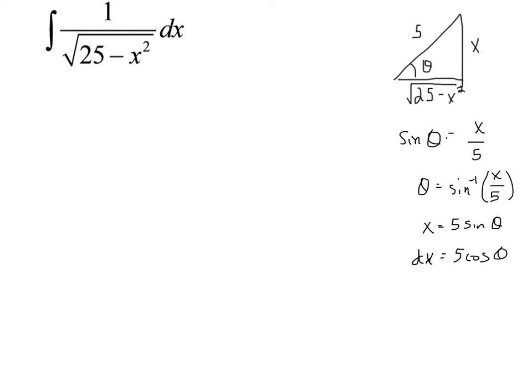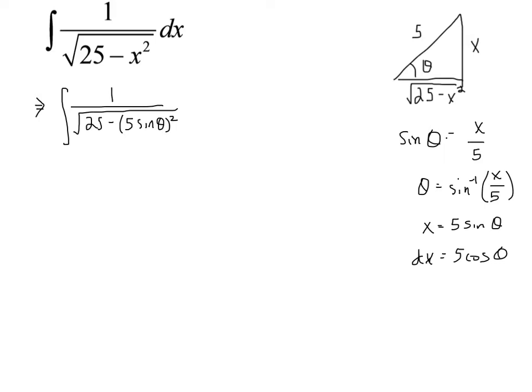Okay, so let's start replacing things and rewriting our integral for a trigonometric substitution. So I've got 1 over the square root of 25 minus, instead of x, I'm going to replace that with what x is equal to, so 5 sine theta, squared.